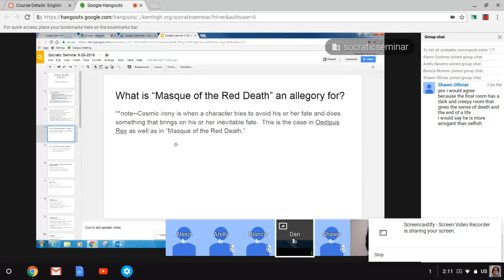It's later when he finally realizes that he was not born in Corinth. He was only raised there. He was adopted by the king and queen as their prince, but he wasn't their child. And so all the time that he was running away from Corinth, running away from his father, he wasn't really running away from his real father, because his real father was one of the men in the wagon whom he killed.